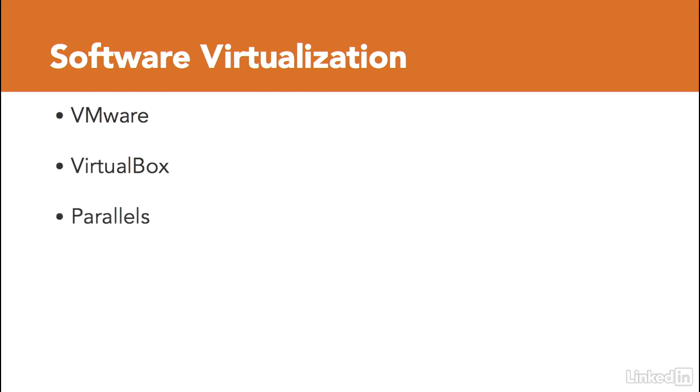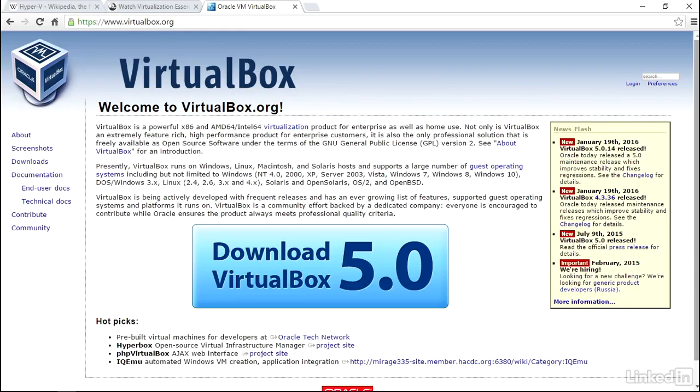Parallels is a popular virtualization environment for Mac systems, often used to enable Windows functionality on Mac computers. In this course I'll be using VirtualBox. VirtualBox is free to use. It's available for the x86 type of processors and runs on a range of operating systems including Windows, Linux, Macintosh and Solaris. I'll be running it on my Windows 10 Ultrabook.